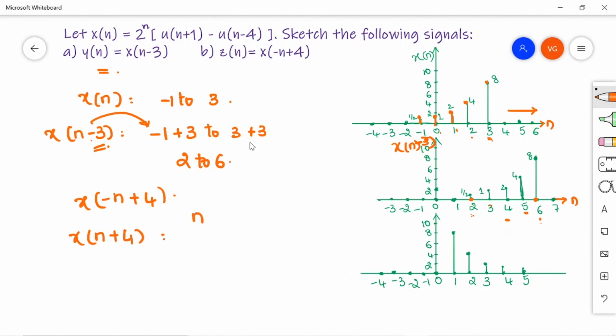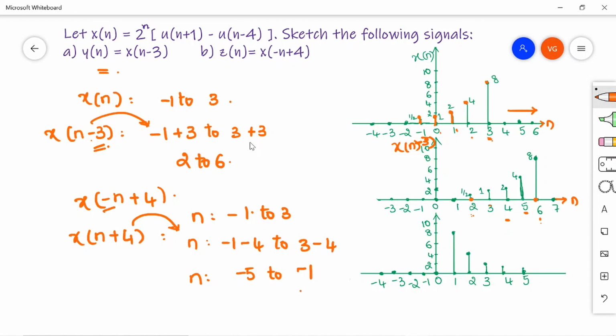Means n has the range from minus 1 to 3. N plus 4 means take it to the other side. So n plus 4 will have the range of minus 1 minus 4 to 3 minus 4. That is minus 5 to minus 1. Right? So first you have to take the signal range n as minus 5 to minus 1.